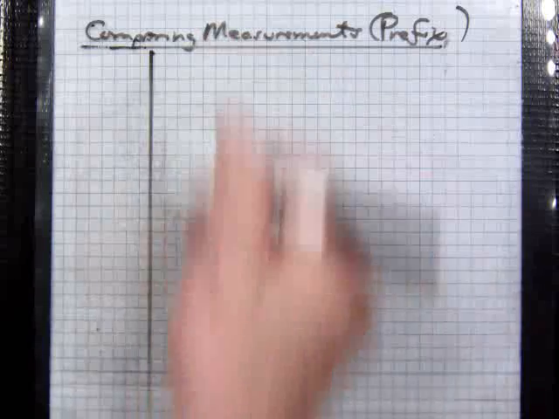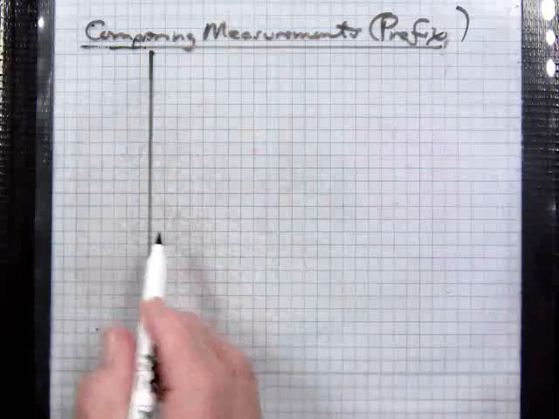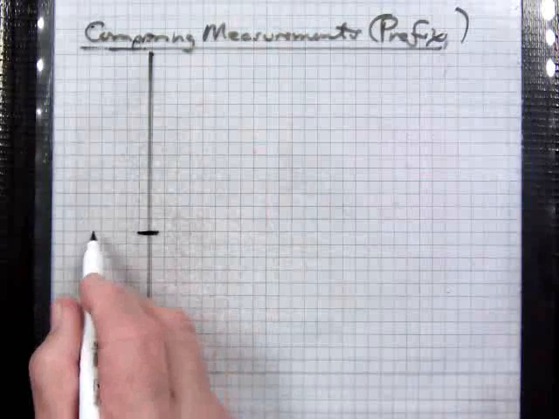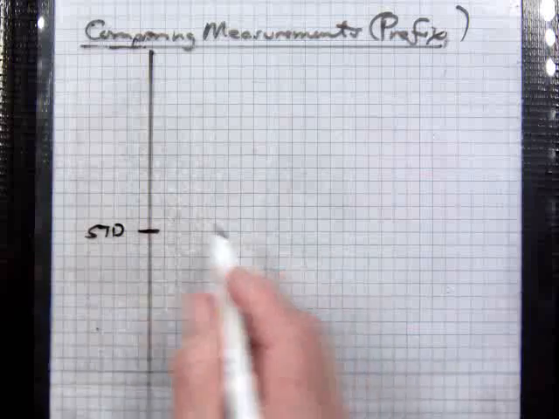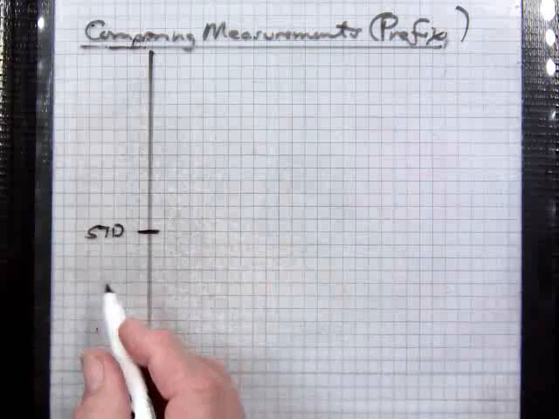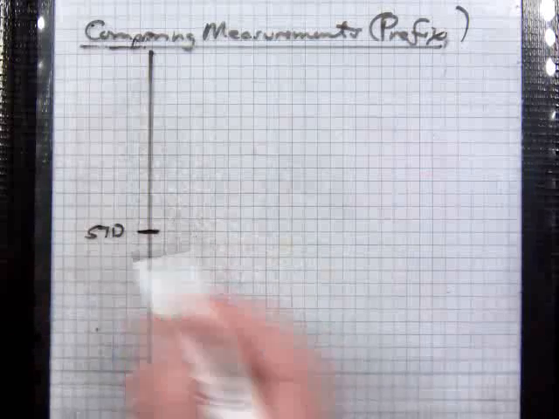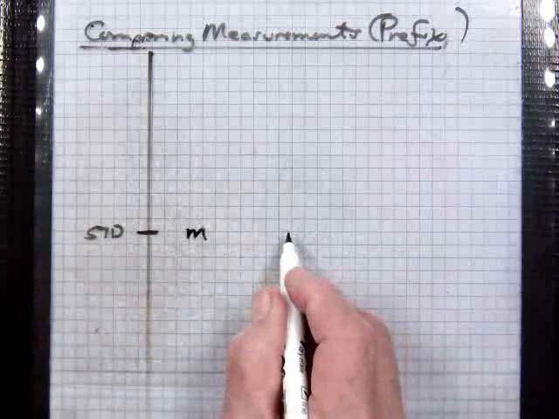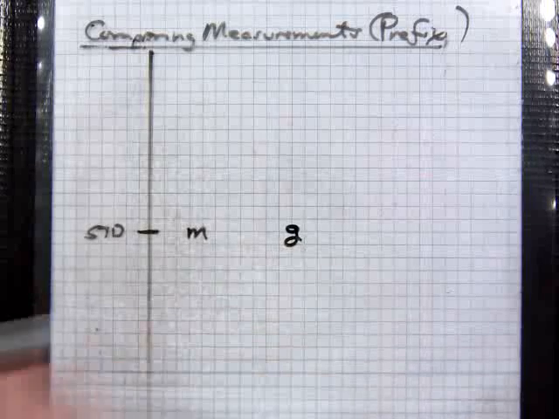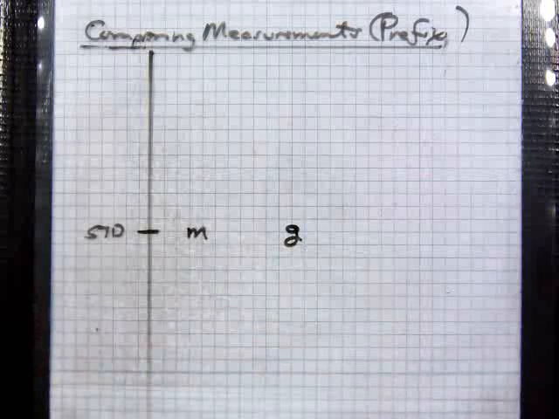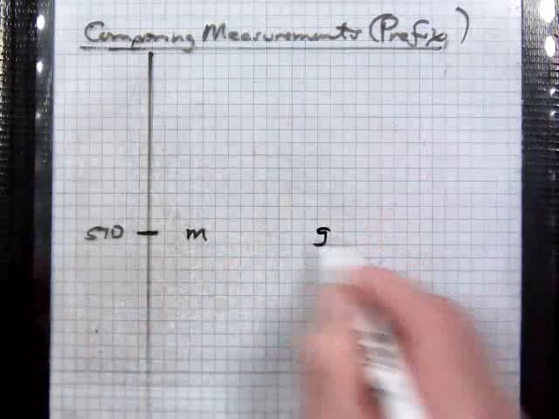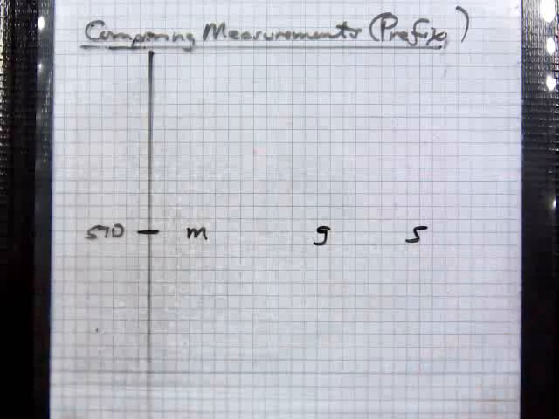Now, drawing a vertical line, give yourself some space, but right here in the middle, we're going to call that the standard. And so we're working with length, of course, that'd be meters, and then actually you have to start with grams when working with the weight prefixes, but the standard does have a prefix. And of course, let me move that over, grams, and then seconds, right there.